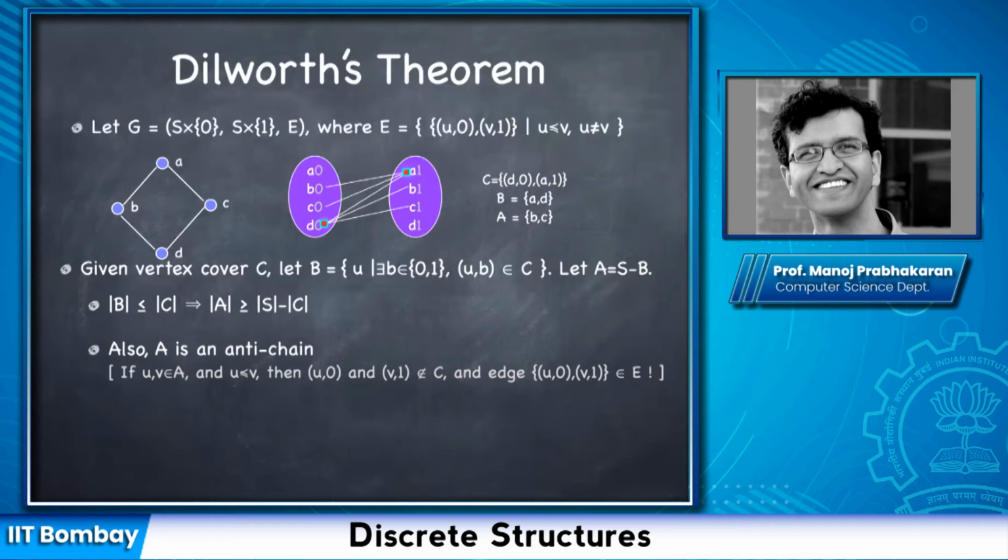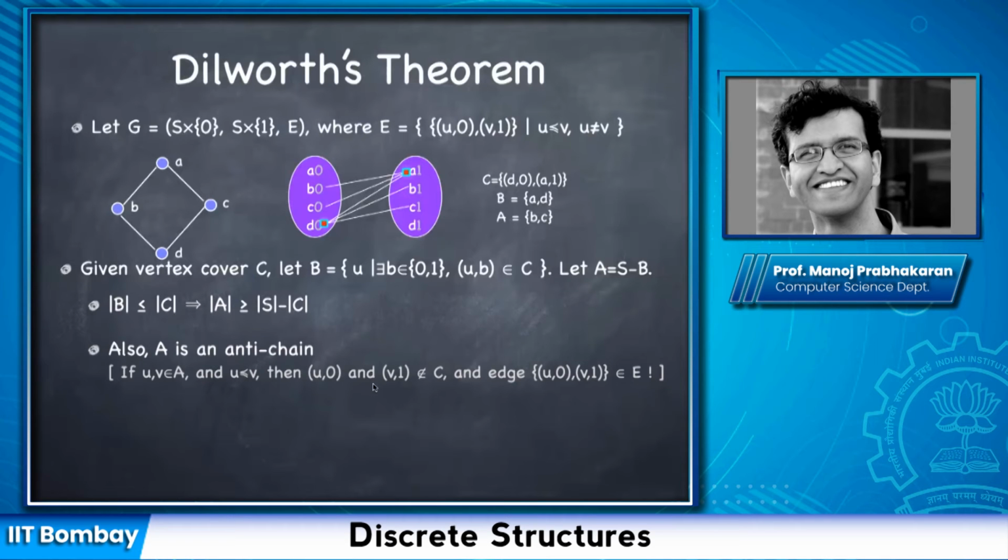Okay, all right. So A has size at least N minus T, and further, it is an anti-chain. Okay? So why is it an anti-chain? Well, suppose it were not, what does that mean? There are some two elements U and V which are related. In particular, there is an edge from U0 to V1, right? That will be an edge because U and V are related and U is not equal to V. There are two distinct elements. However, neither U0 nor V1 is part of C. If they were part of C, then if say U0 was part of C, then U would have been part of B, and then it cannot be in A, right?